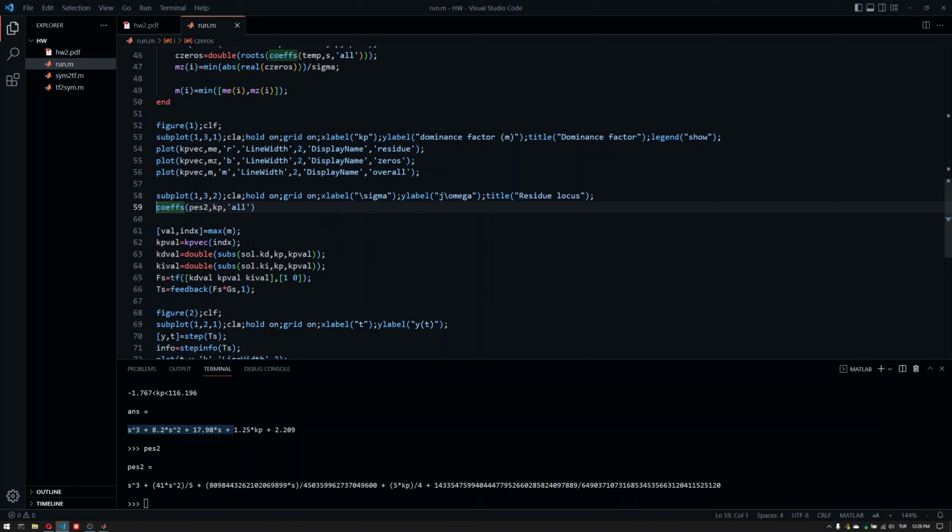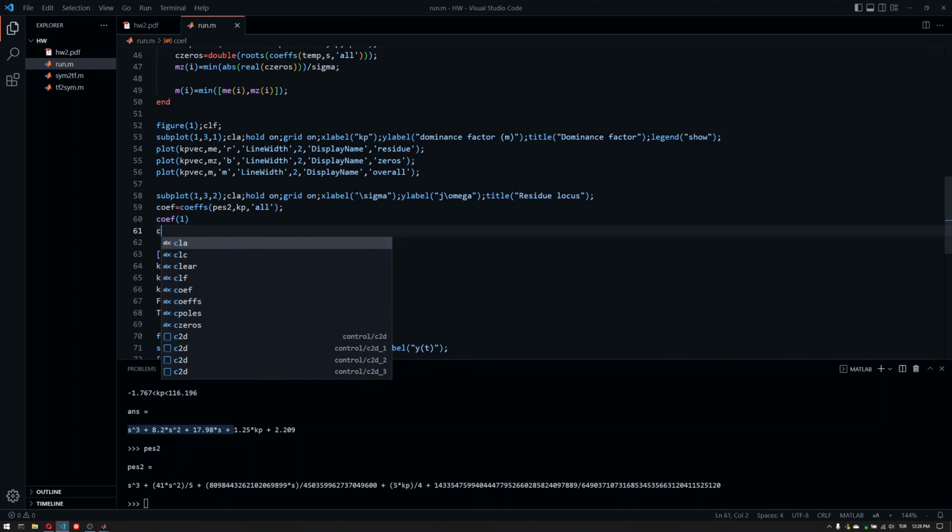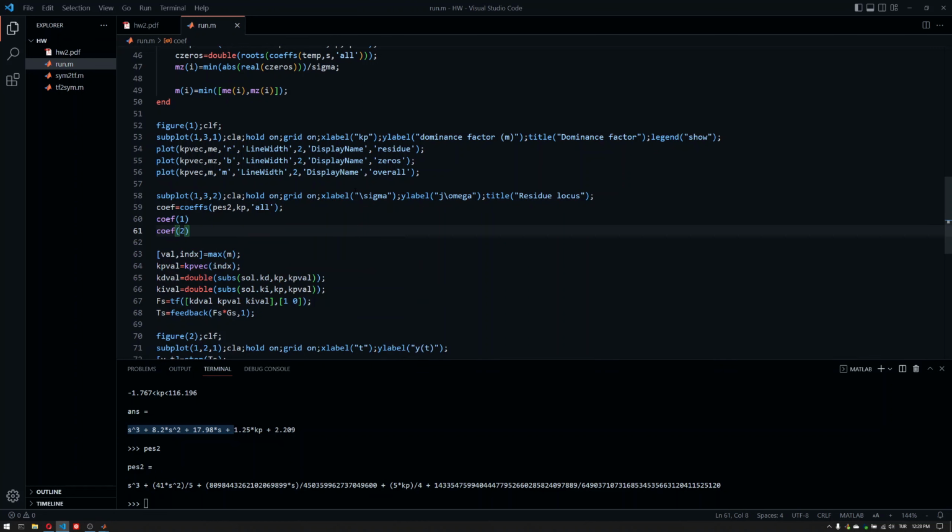Once I do this, it will give me basically two terms: one that includes kp, and the other one that doesn't include kp. Now, I know that coef1 would be the ones with kp, and so basically this has kp in it. Coef2 will have no kp at all.